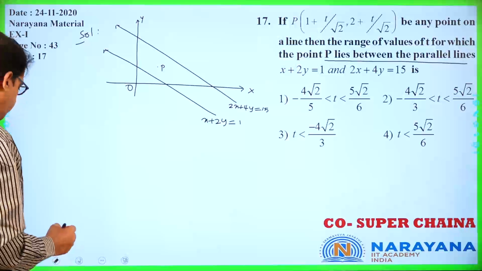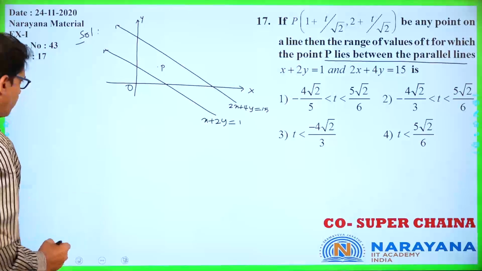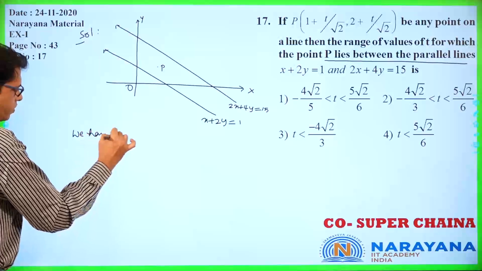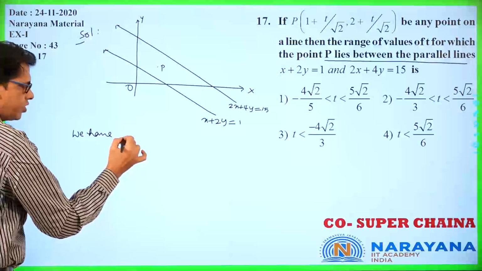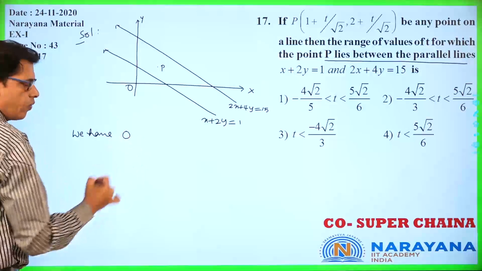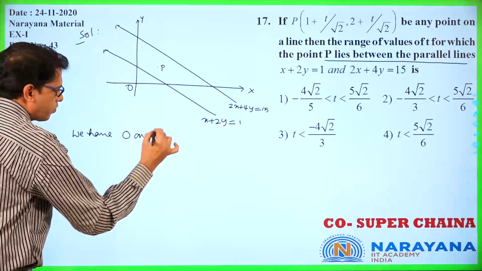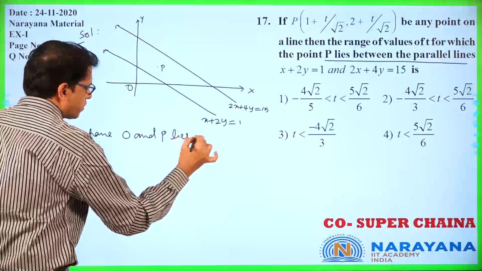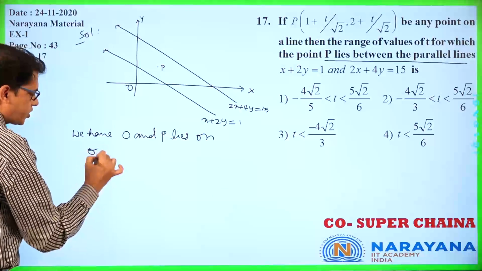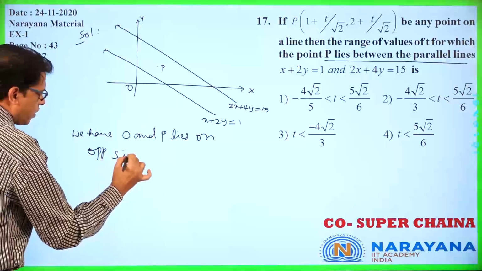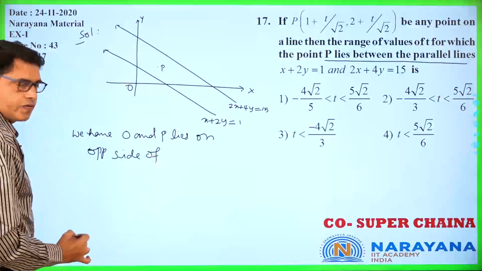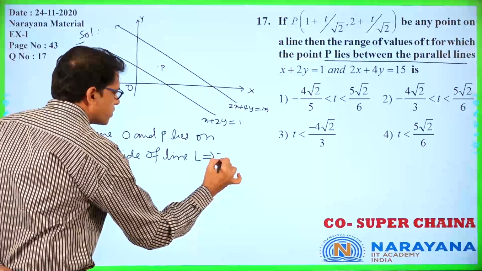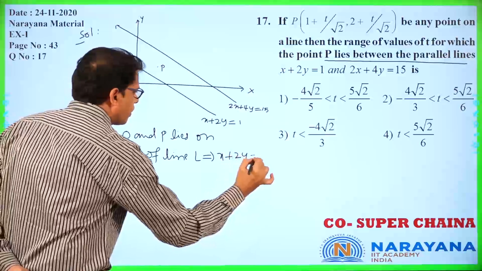Okay. So first take the first line. Origin, okay? So O and P lie on opposite sides of line L: x plus 2y equal to 1.